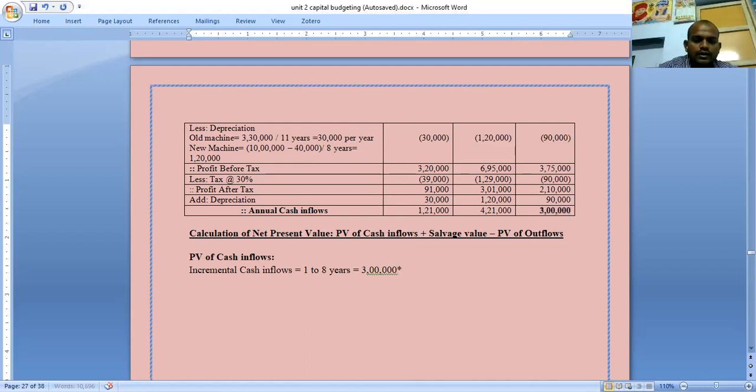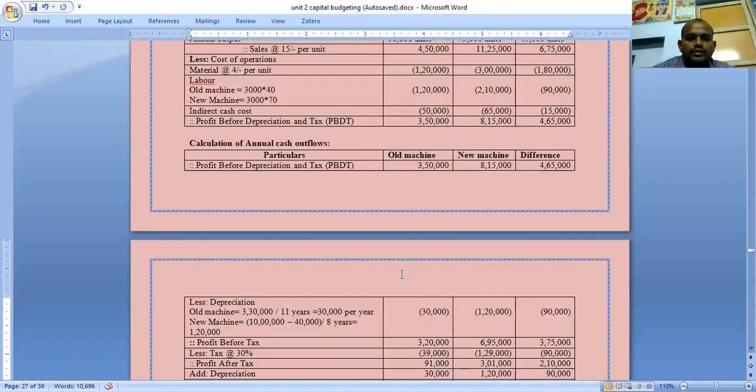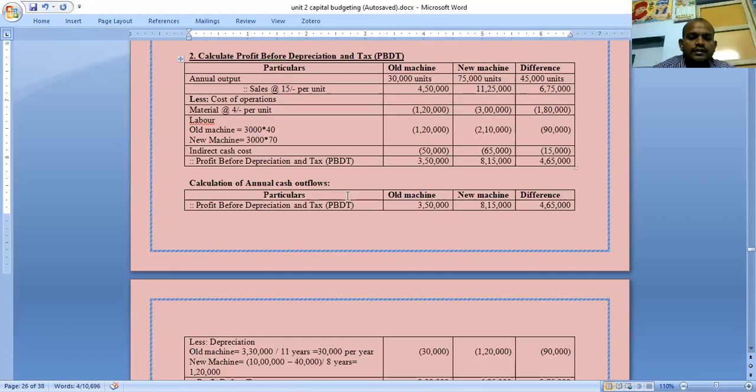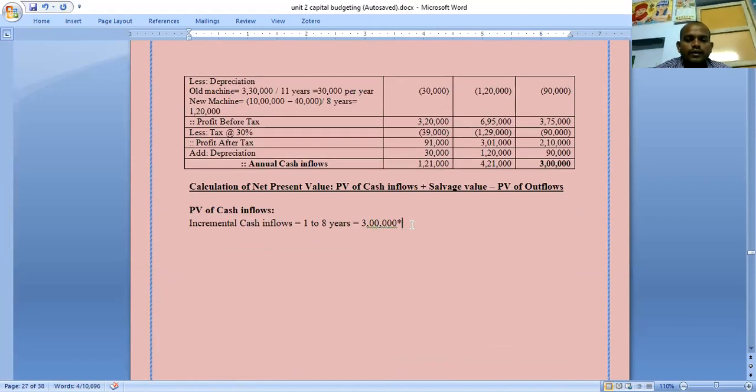We have to convert this figure into present value by using the present value factor. So present value of annuity factor for 8 years is 4.968.